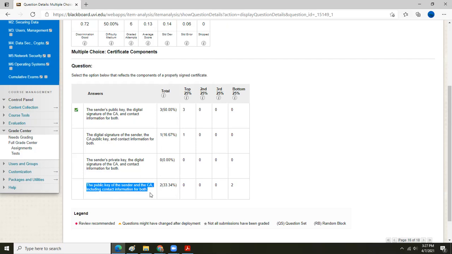The public key of the sender and the CA, including contact information for both. No. A digital certificate doesn't include the public key of the CA. You already have it.